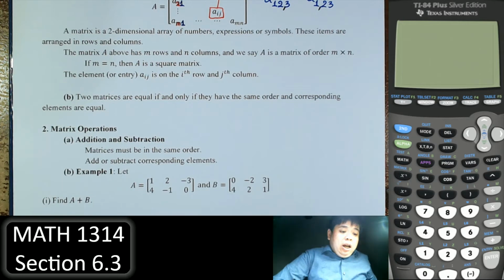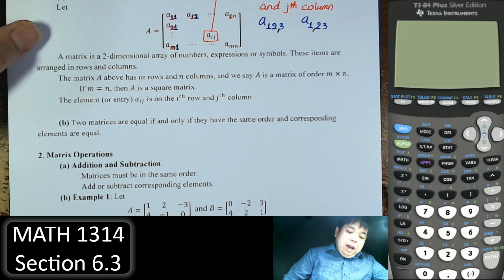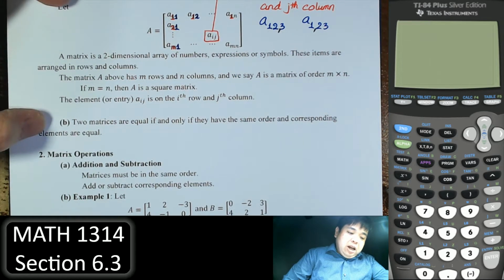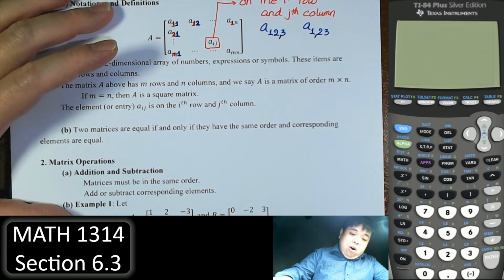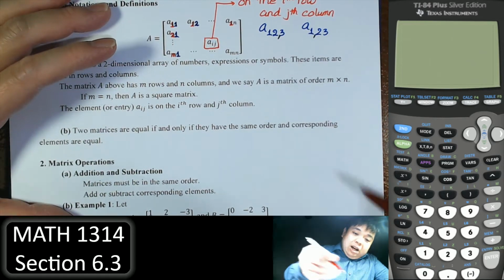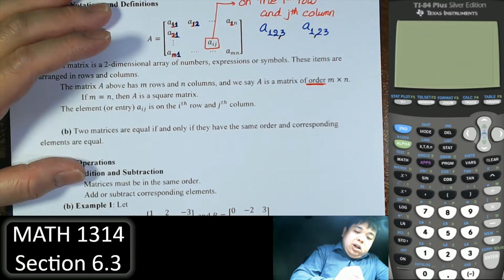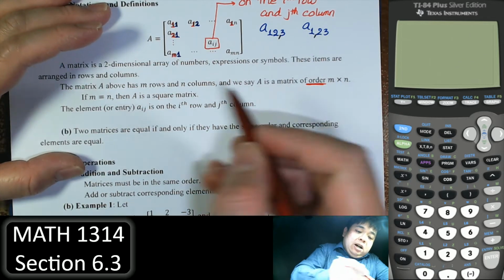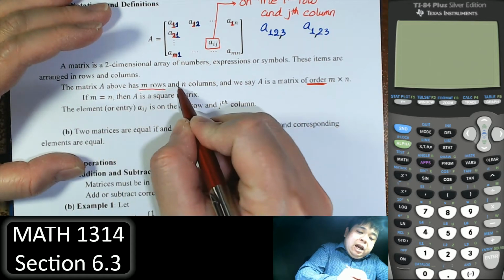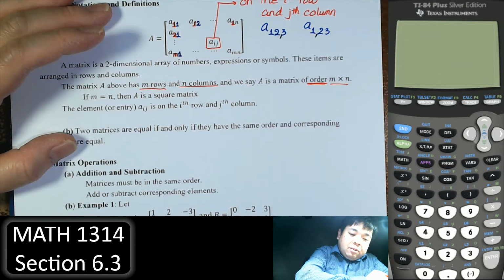Two matrices are equal to each other if they have the same order and the corresponding elements are equal. And the order, I forgot to highlight that. The order of the matrix, we write m by n, meaning I have m rows and n columns.